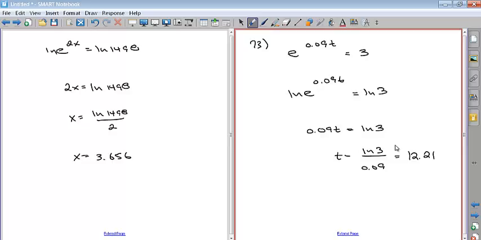So let's plot that function. And actually what we're going to plot is e to the 0.09t minus 3. So that's y is equal to that. And what we're looking for is where does this cross the x-axis. Okay.